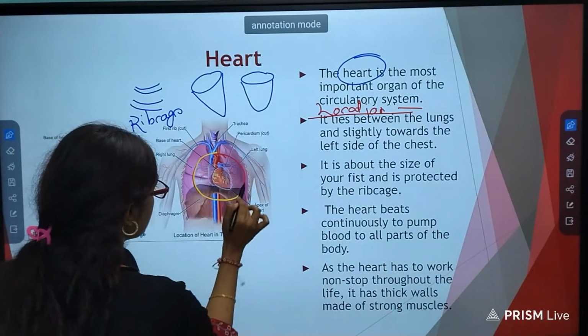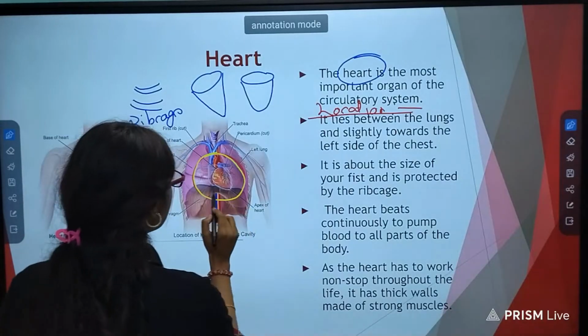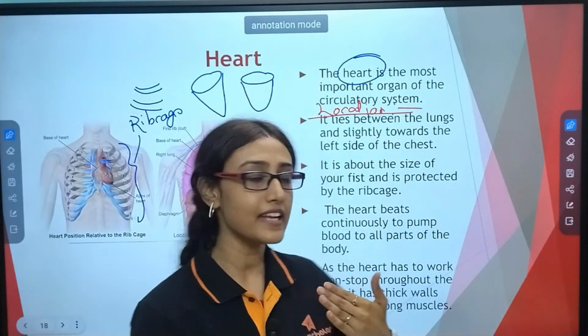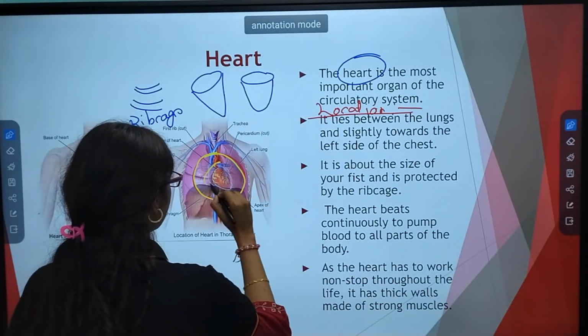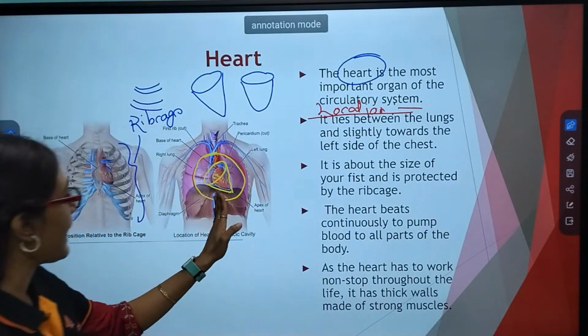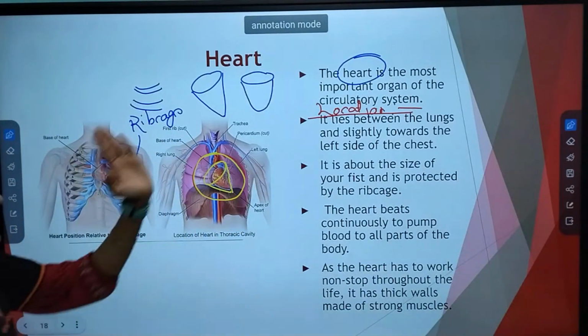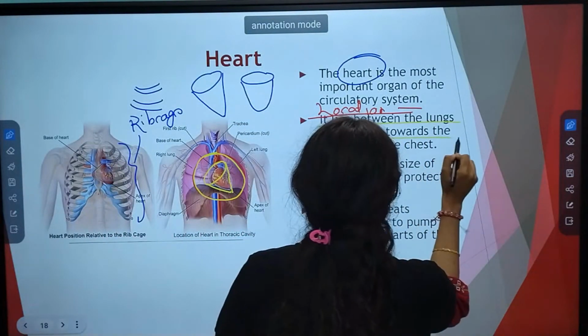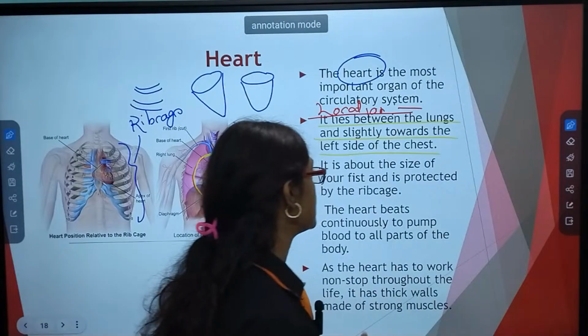It lies between the lungs and slightly towards the left side. This is my left side, so slightly towards the left side. If I consider it as conical shape, it will be like this, right? So it lies between the lungs and slightly towards the left side of the chest.